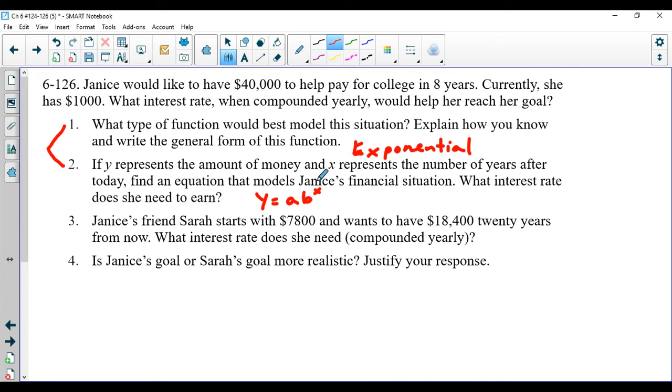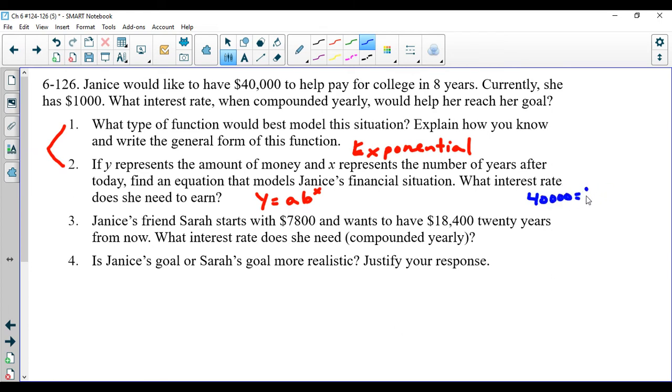So remember, we want to end up with $40,000. We know that currently she has $1,000. And we know that this has to happen in 8 years. So if we think about where she wants to get to, she wants to get to 40,000.